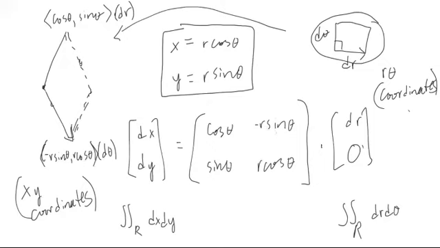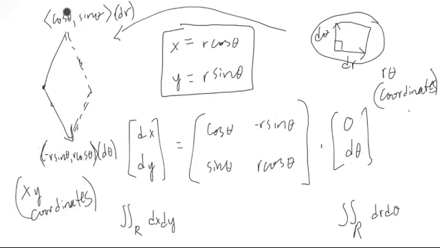Similarly, if we were to look at this arrow that goes up here, that would be like doing 0, d theta. And the output is actually this vector right here.